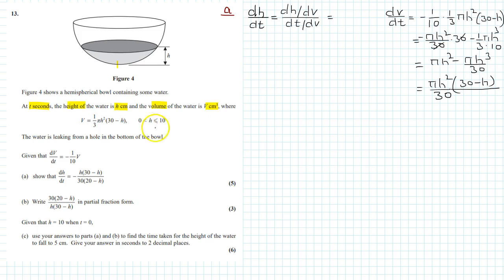Now if we have to find dh, let's say v is equal to 1 over 3 pi h square multiplied by 30 minus 1 over 3 pi h cube.